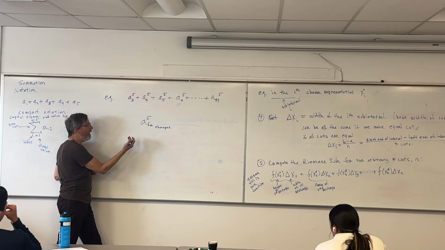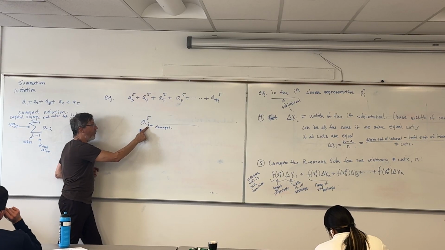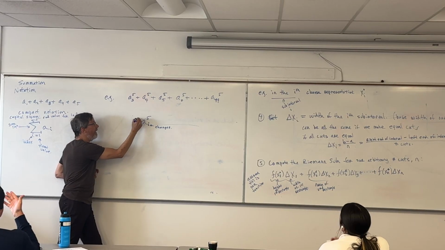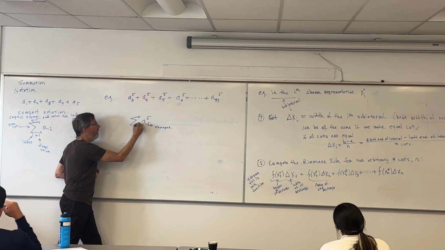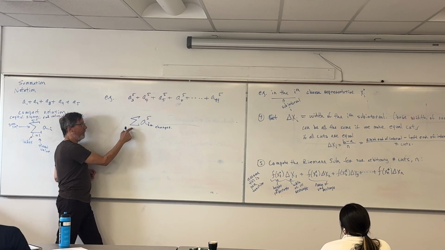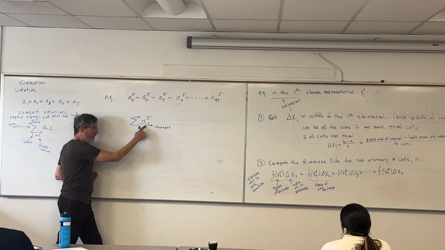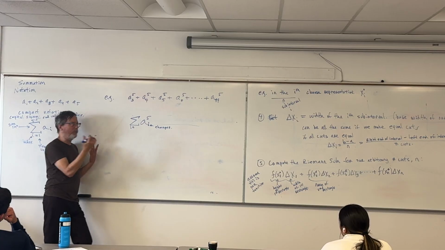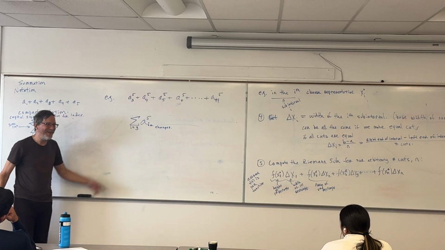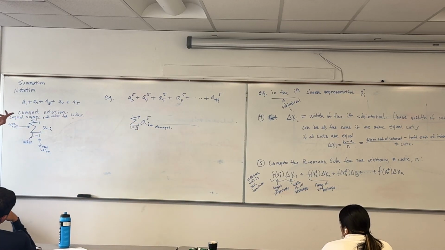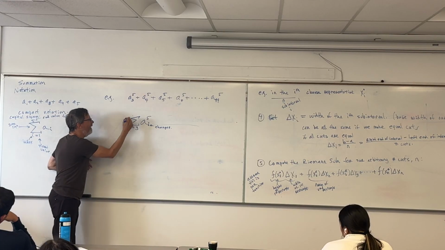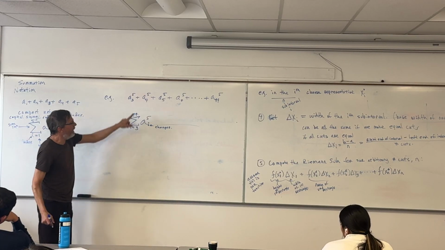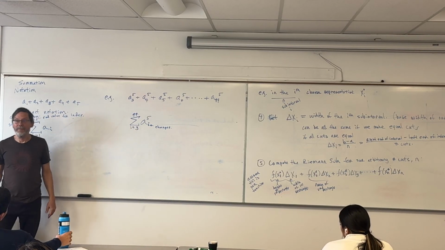And I want to add up when that's 3, plus when that's 4, all the way up to 99. So I put a sum out in front. I read this as the sum of these things. What do you think I should start at? 3. Do we see that? The first index is 3. So I start at 3. Where do I end? 99. Beautiful. And that sure beats writing out all that stuff.